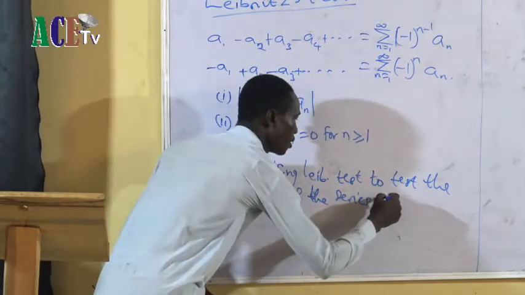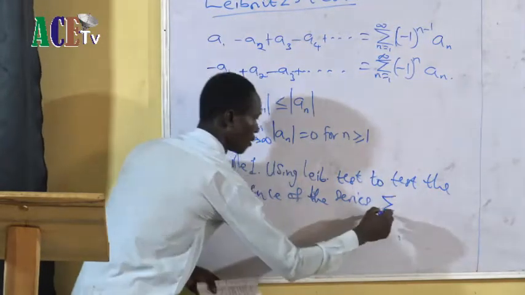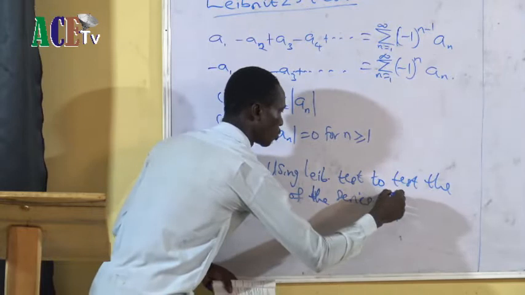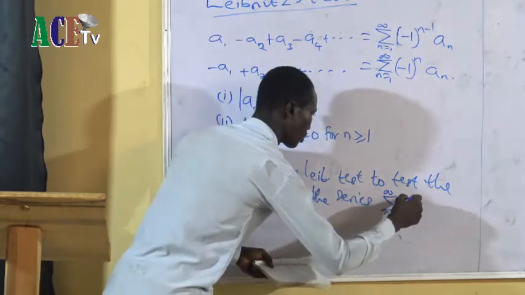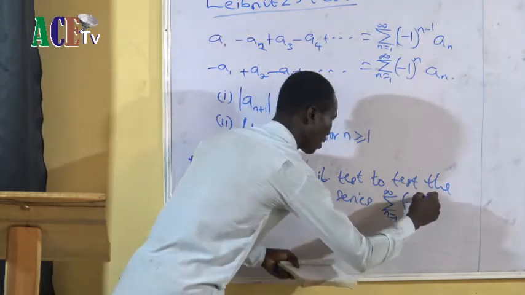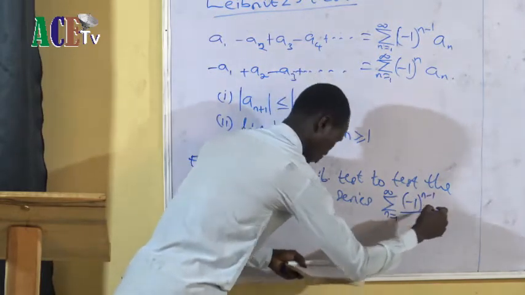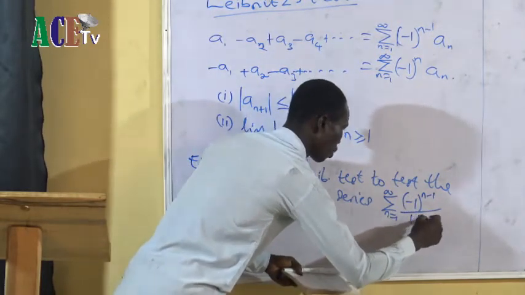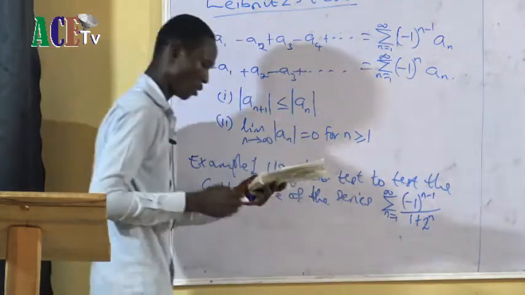The series is given as the sum of n equal to 1 to infinity of minus 1 raised to power n minus 1 over 1 plus 2 raised to power n.